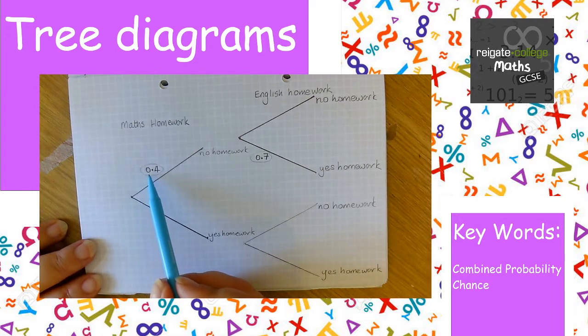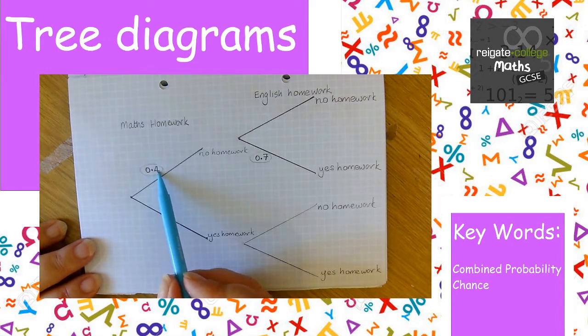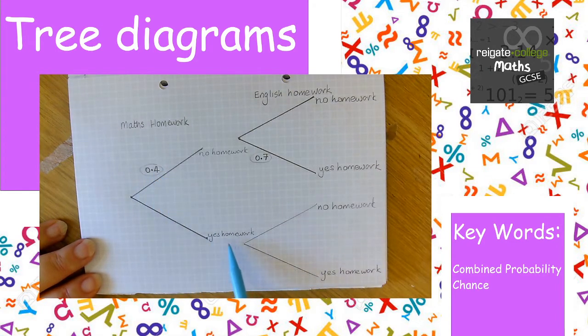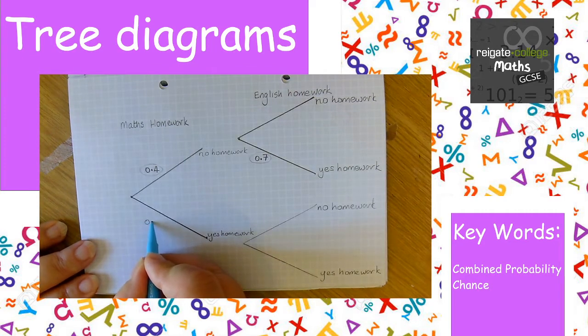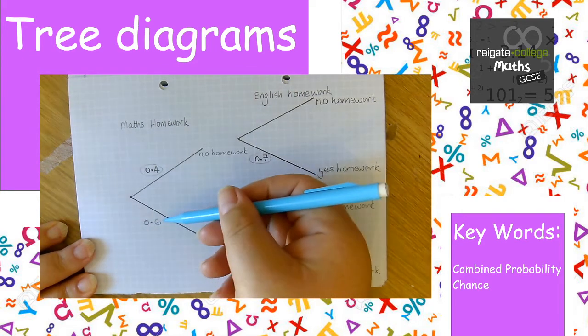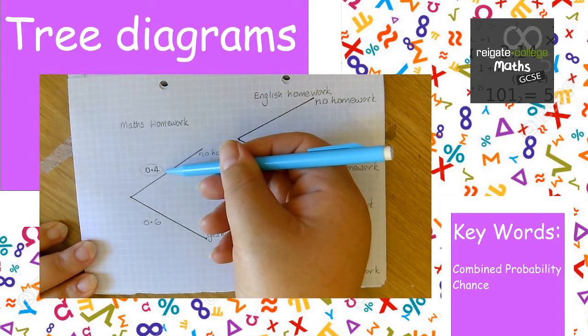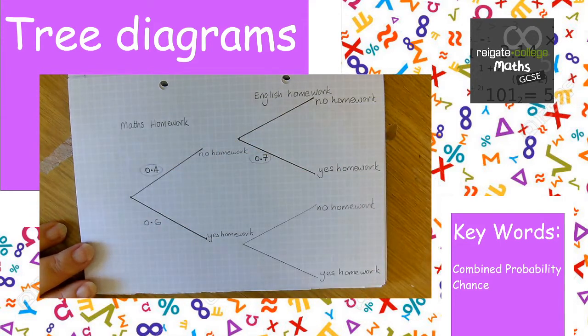If there is a 0.4 chance of no maths homework, the chance of there being maths homework has to be 0.6, because 0.6 plus 0.4 gives us our whole one.